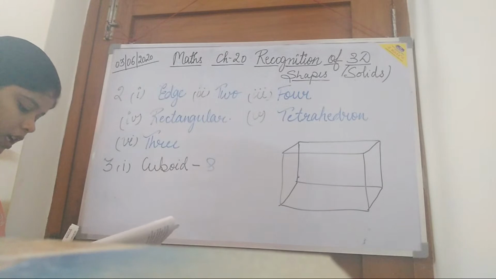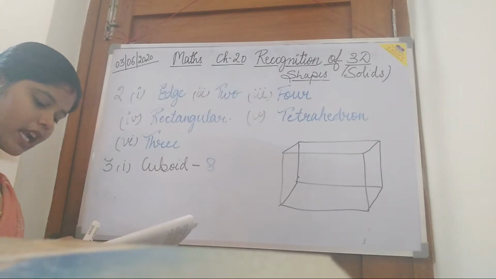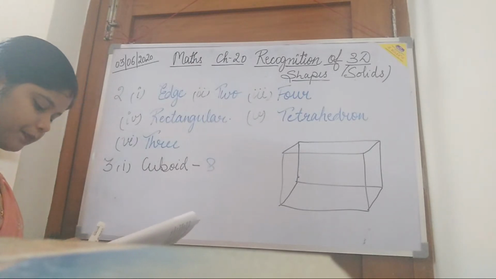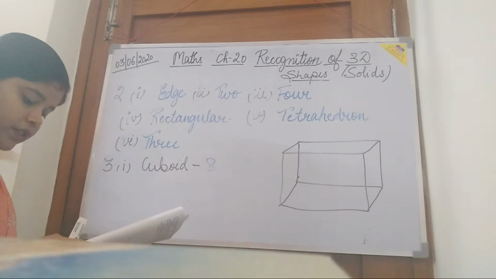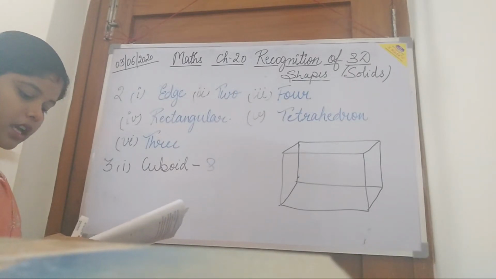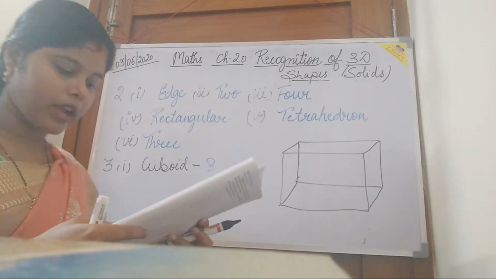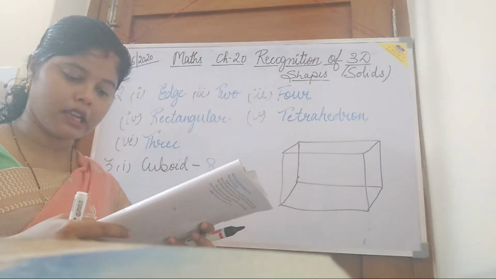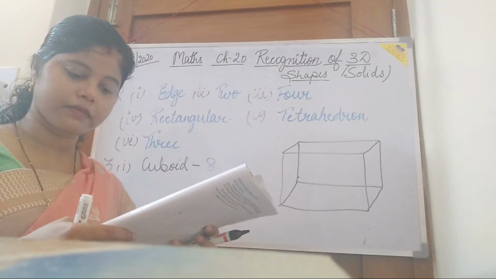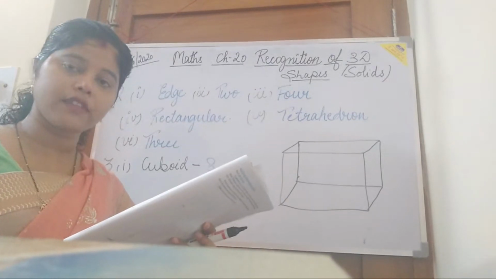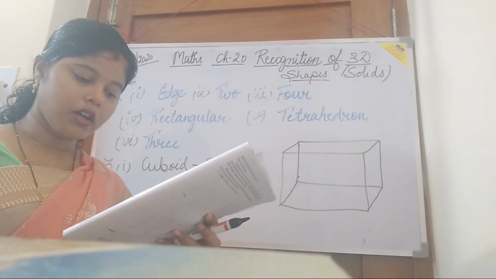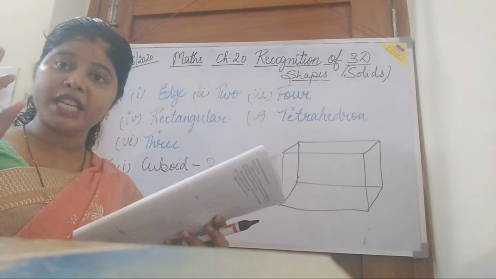Now fourth one, in which of the following solids are all the lateral faces not triangular? In a triangular prism, the lateral faces, meaning side faces, are in rectangular form. That's why prism only.